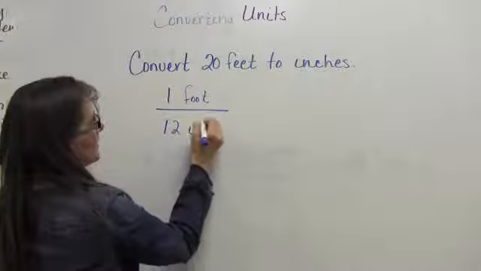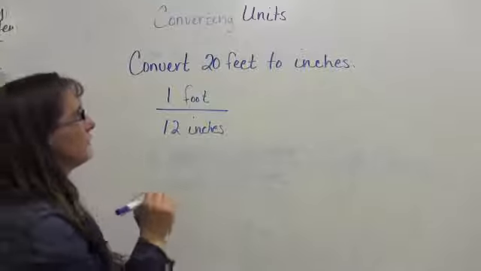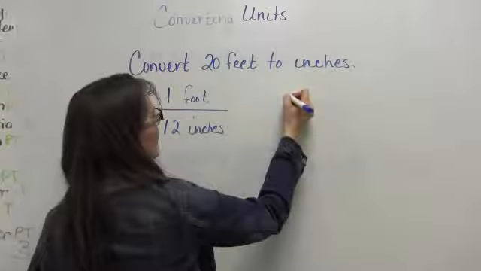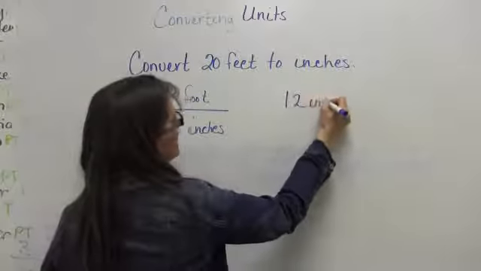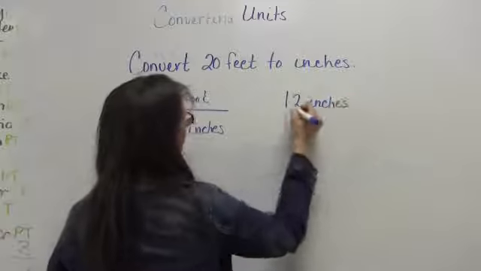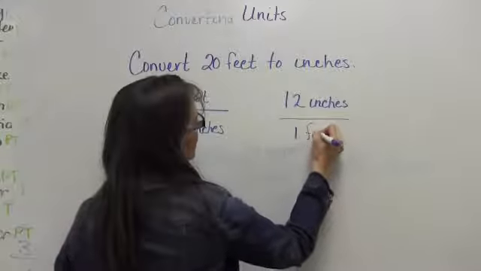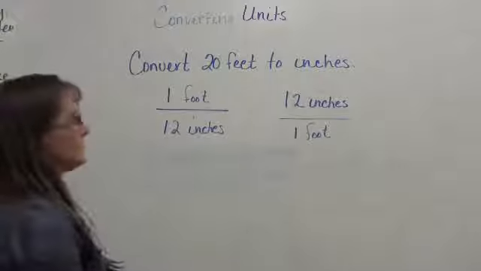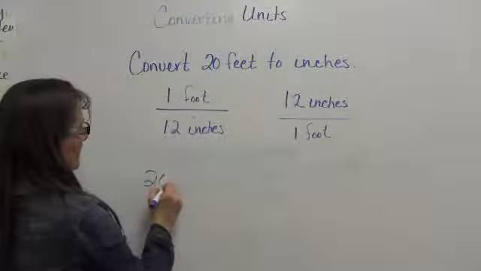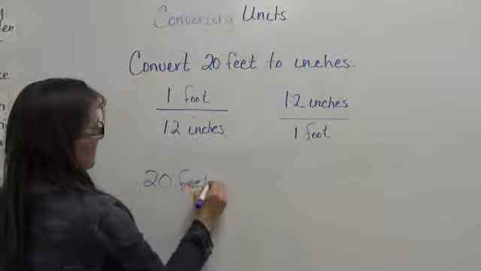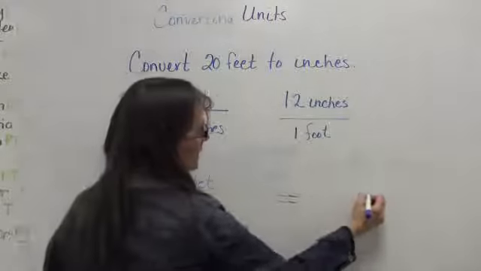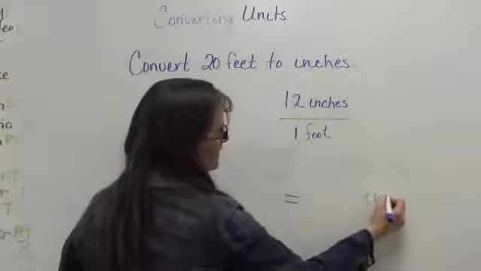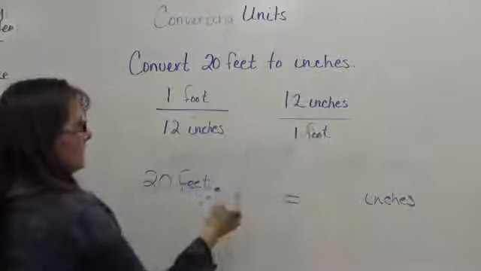So I will either be using this conversion factor, or I know that 12 inches is equal to 1 foot. Well, how do I know which one to use? First of all, I'm going from 20 feet to so many inches. And I'm going to multiply it by one of these two fractions.